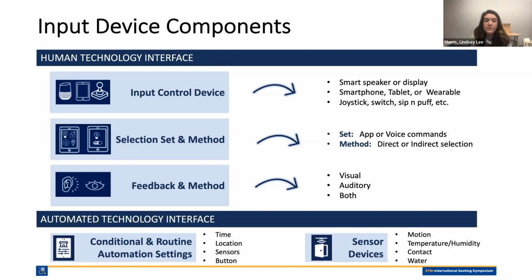You can also have these be activated by a single push button and/or in combination with the use of sensor devices. Some of the different types of sensor devices that you might see are motion sensors, temperature, humidity, contact sensors to know if a door has been left open or not, and water sensors.